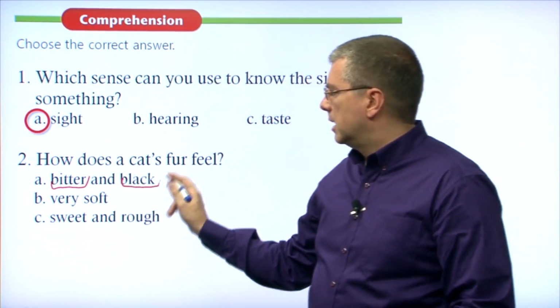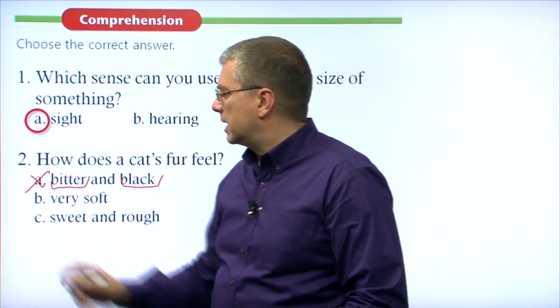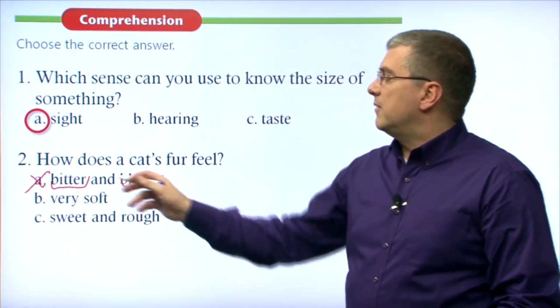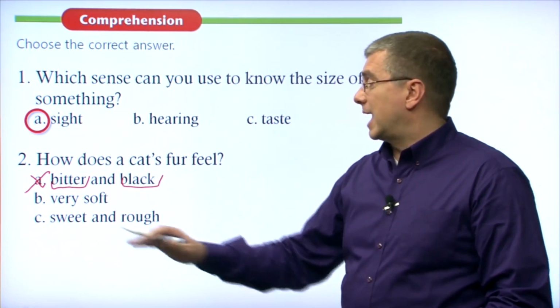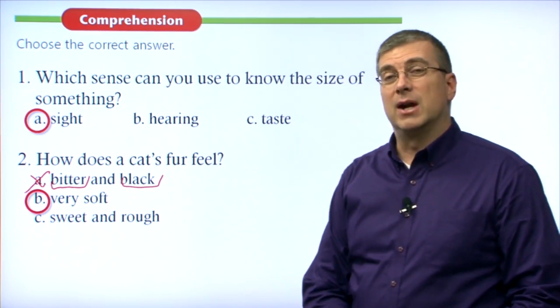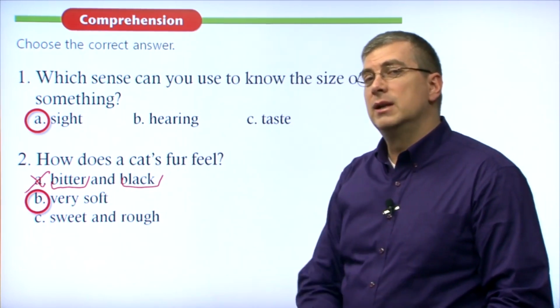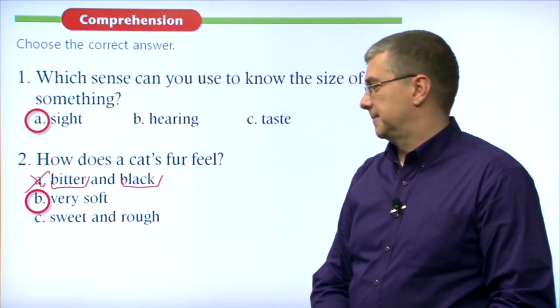Black is a color. That's what it looks like. That's not how it feels. So A is obviously incorrect. B, very soft. Yeah, we use our sense of touch on a cat's fur, and we can find that it feels very soft. We can find that out by using our sense of touch, by seeing what it feels like.